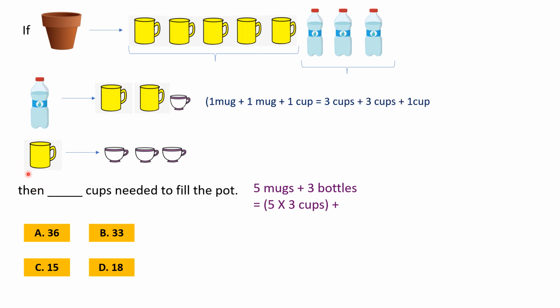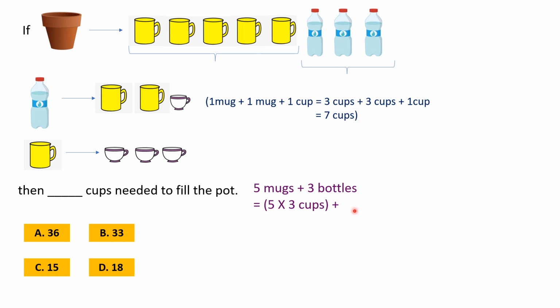Again, 1 mug is same as 3 cups. So 1 bottle is equivalent to 3 cups plus 3 cups plus 1 cup, that is 7 cups. Now we got that the capacity of 1 bottle is same as the capacity of 7 cups.